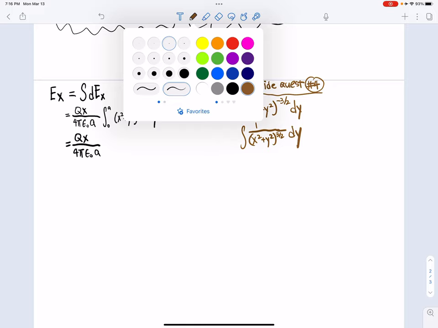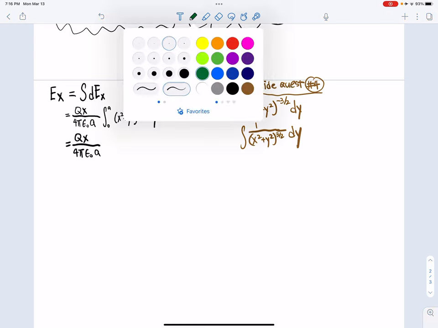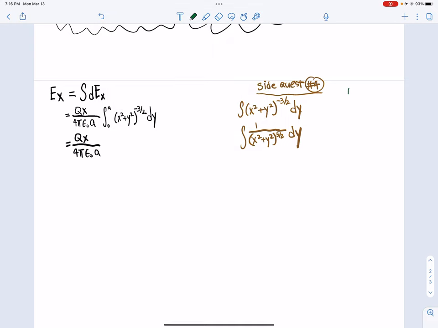And then I'll use green. I'm going to say let y equal x tangent of u. Let y equal x tangent of u. Okay? x tangent of u.